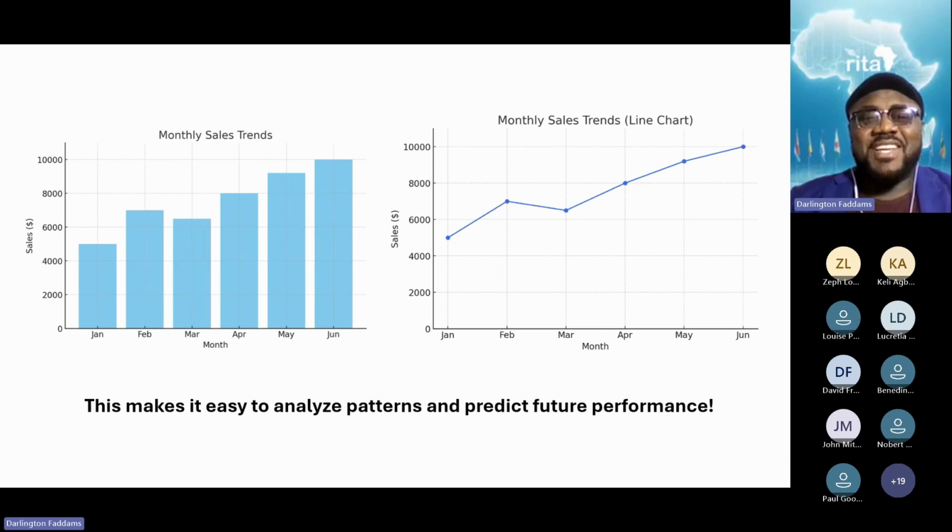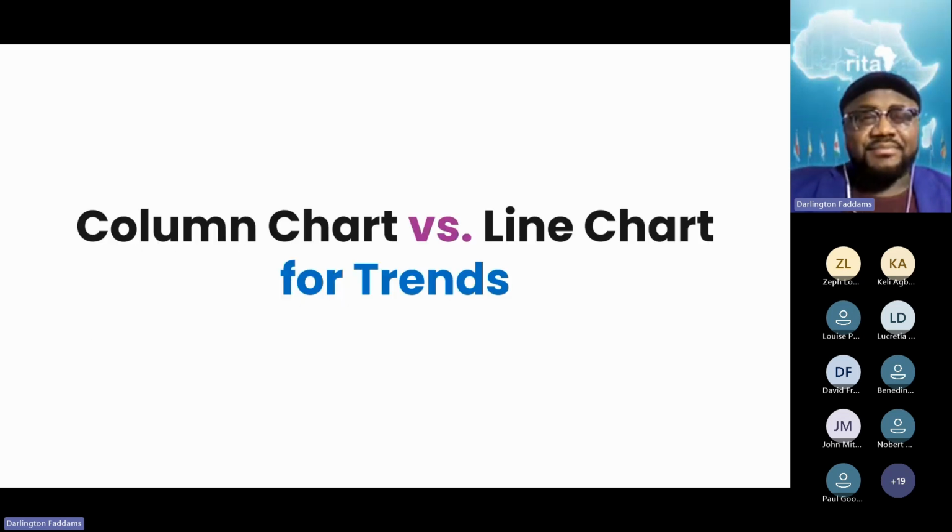So we can see the two charts here, and they are both effective in analyzing this particular data or visually representing this data. So let's break the thin line here and see the difference now. Column chart versus line chart for trends.